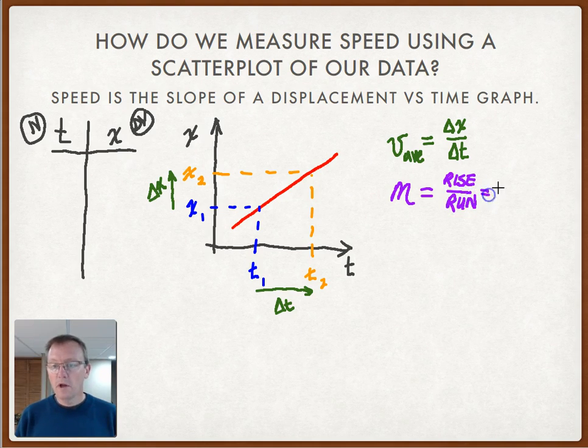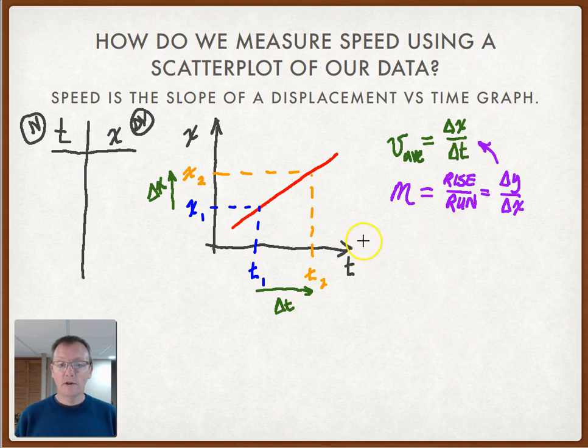Or, if you want, it was the change in the y-axis over the change in the x-axis. Now, what does this look like? Well, doesn't it look like that right there? I hope so, because they're really the same thing.